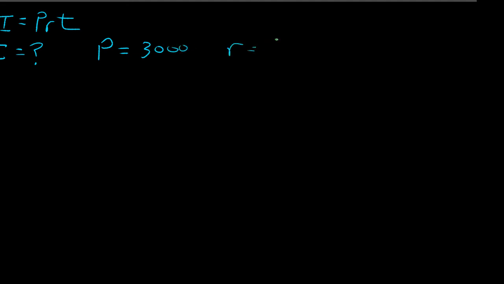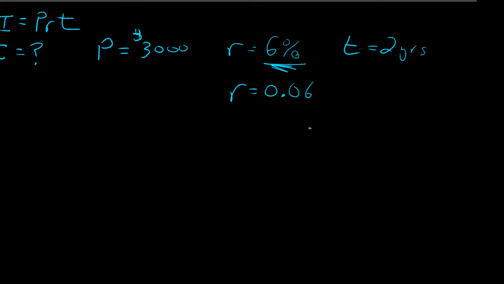My rate was 6%. And my time was 2 years. All right, notice a percent. We're going to need to change that to its decimal representation. Whenever working with percentages, turn them to their decimal representation.